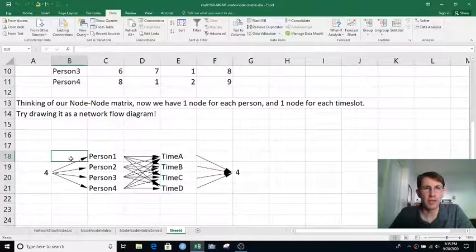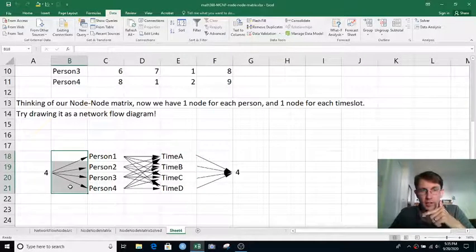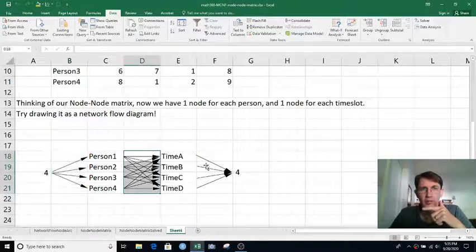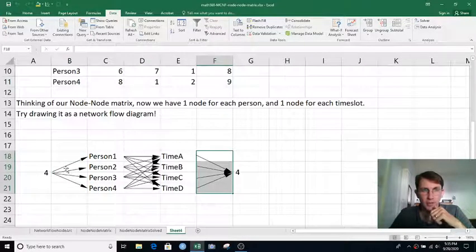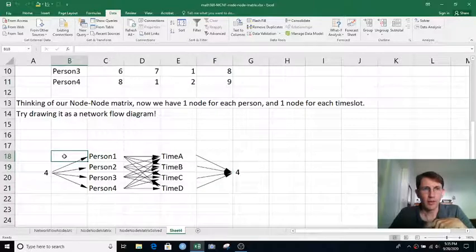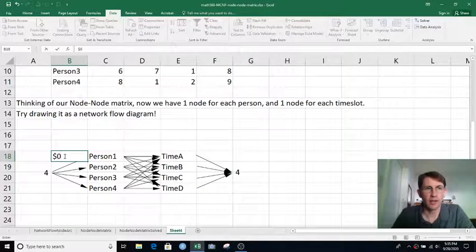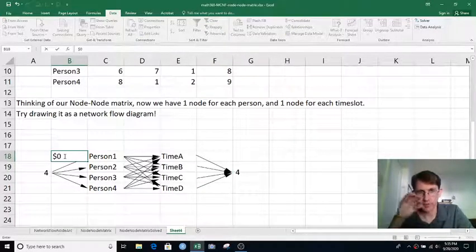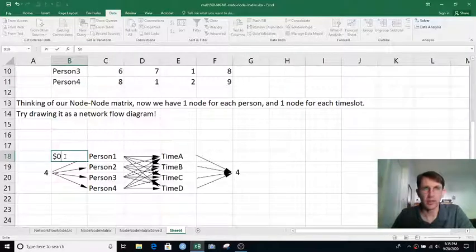So what would we say are the capacity limits and costs on these arrows, and these arrows? Take a sec to think about that. Well, here I wouldn't charge us anything for flow from the source to each person, because there we aren't involving the preferences.